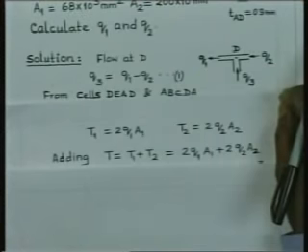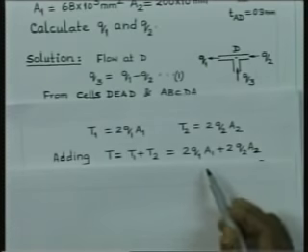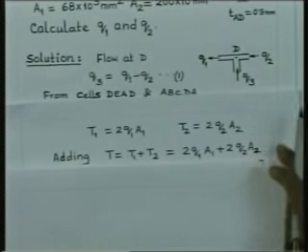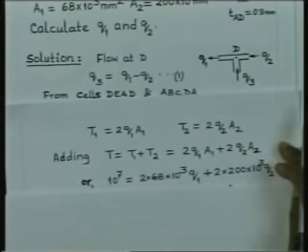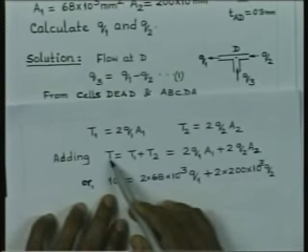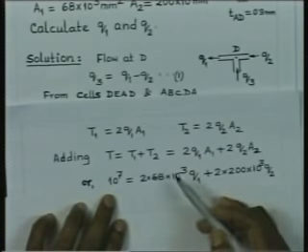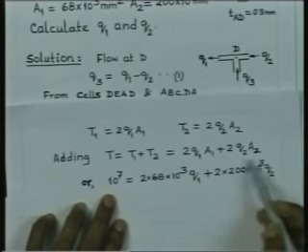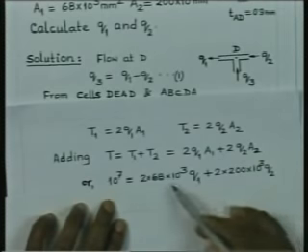Adding the two relations, we get the total torque, T1 plus T2, which is 2 Q1 A1 plus 2 Q2 A2. Now, if we substitute the given values, 10 to the power 7, A1 is 68 into 10 to the power 3, A2 is 200 into 10 to the power 3, we get this equation.